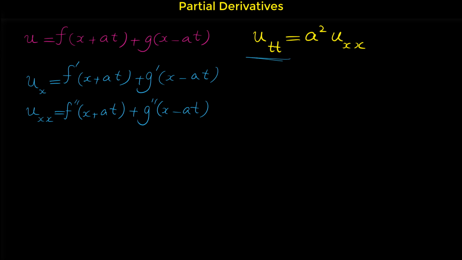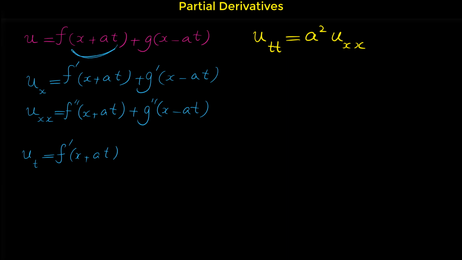Now let's see what is u sub t actually. U sub t is derivative of this function with respect to t, derivative of each term with respect to t. Again, derivative of the function f is f prime. Leave the inside, but don't forget to multiply by derivative of inside with respect to t.